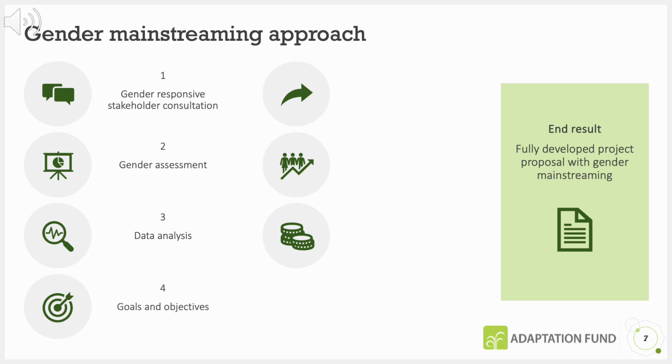Set gender-responsive goals and objectives for the project. 5. Develop a gender action plan. 6. Map the results to the Adaptation Fund's results framework. 7. Develop a gender-responsive budget in accordance with the planned gender mainstreaming activities. We will now go through each of these elements in more detail.